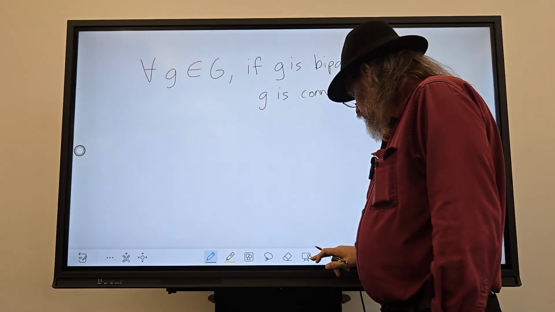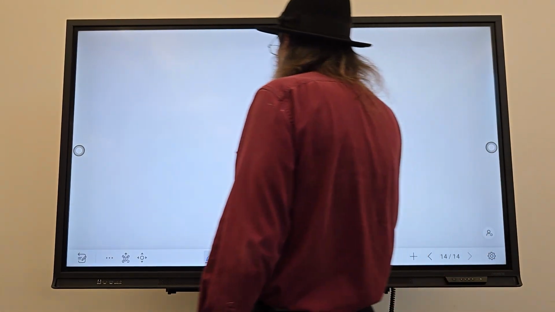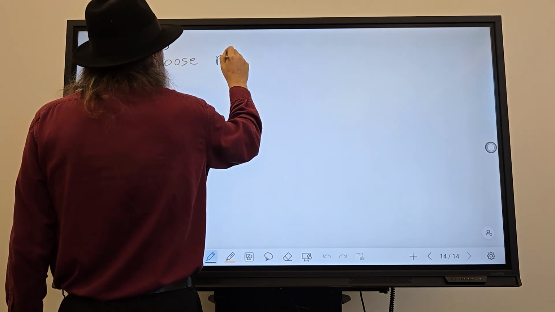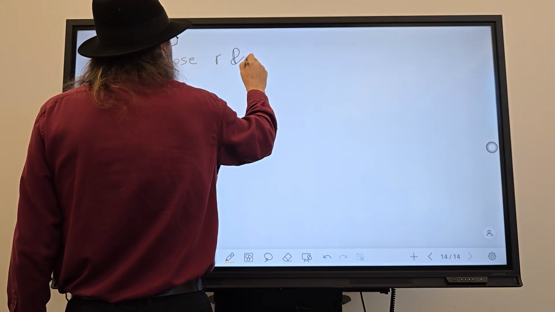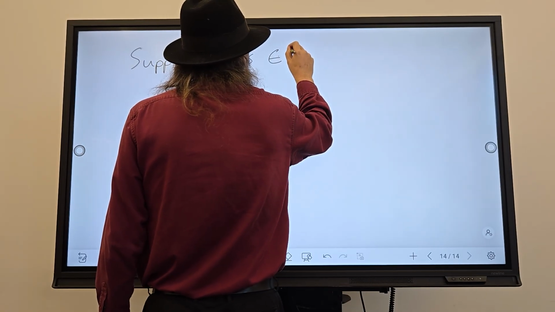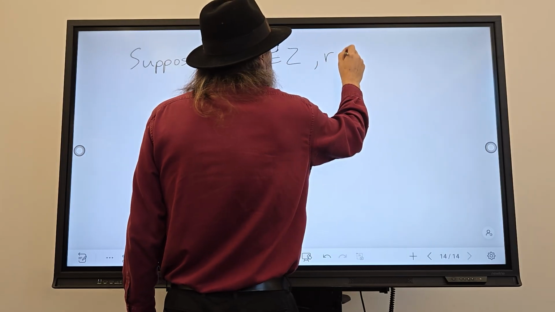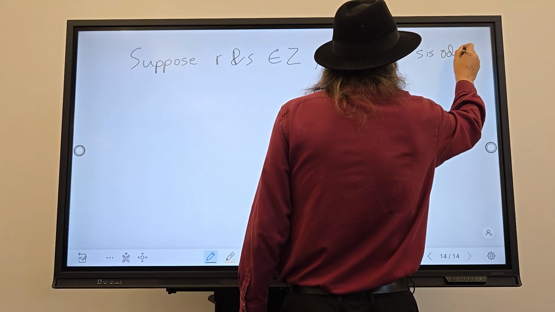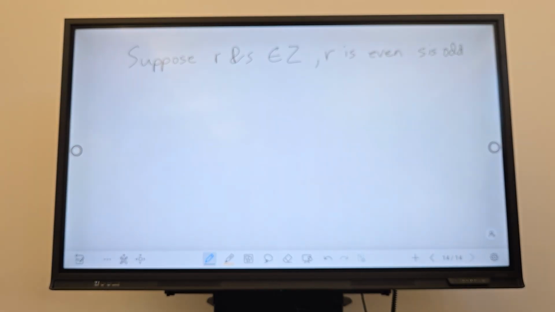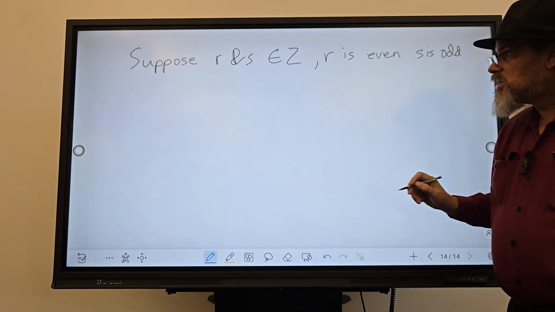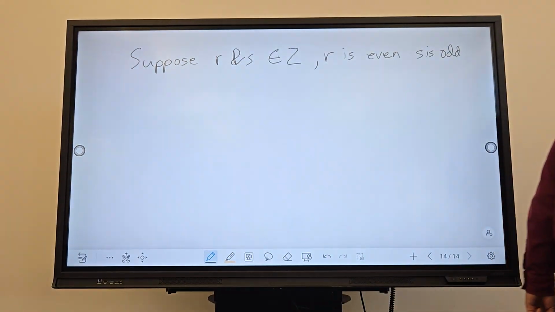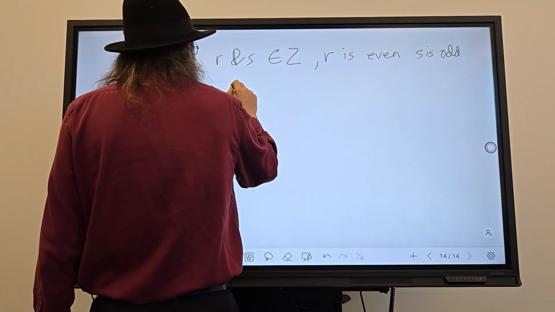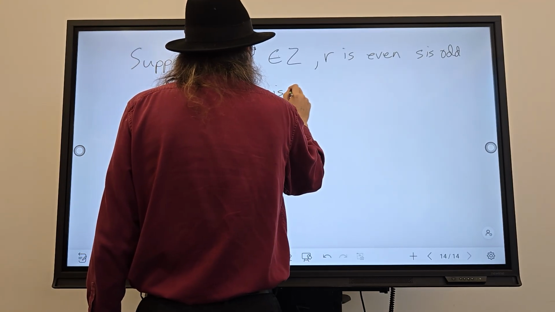So, suppose R and S are integers, R is even, S is odd. Then 3R plus 2S is even.